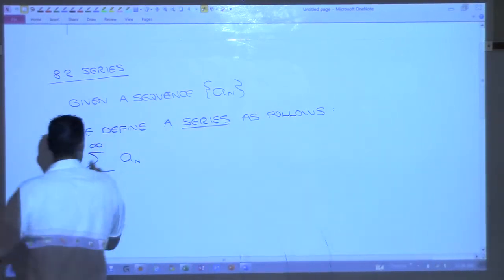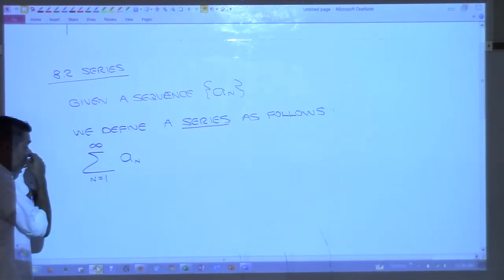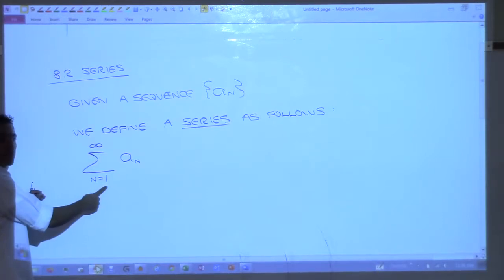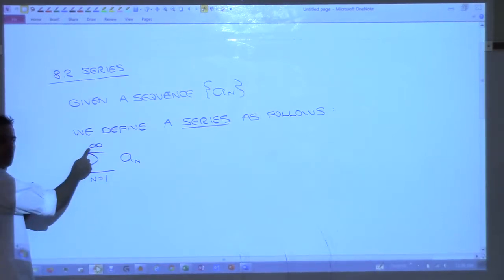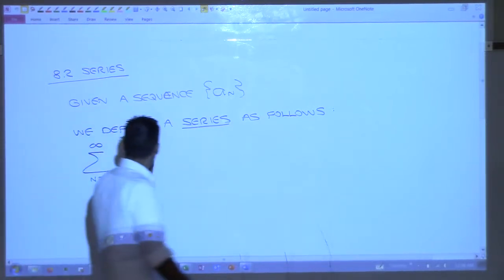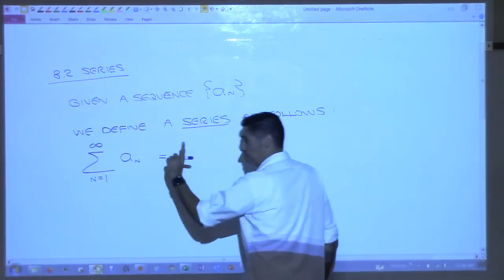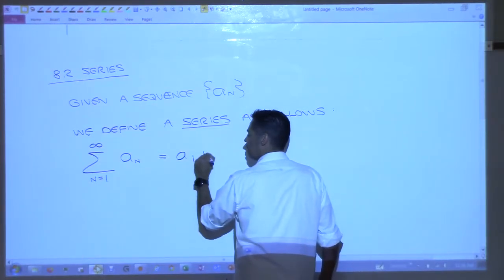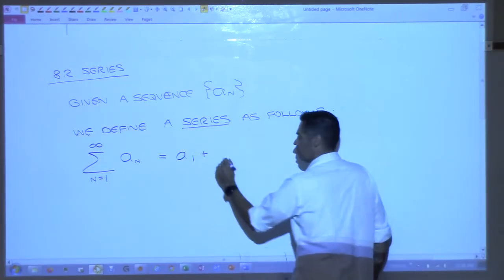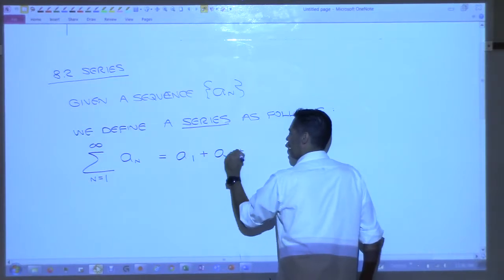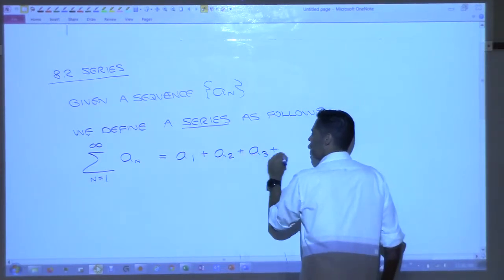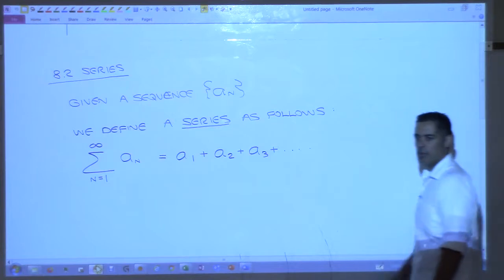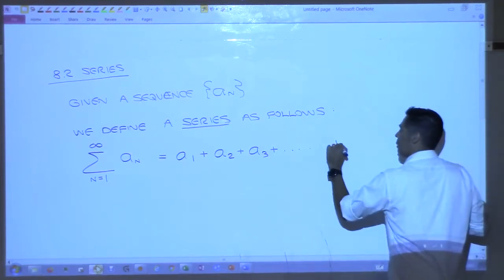This notation means you're going to add things up. You're going to start with n being 1, and you're going to stop never. So this means I'm supposed to add up starting with A sub 1 plus A sub 2 plus A sub 3 plus forever and ever. This is an infinite series.